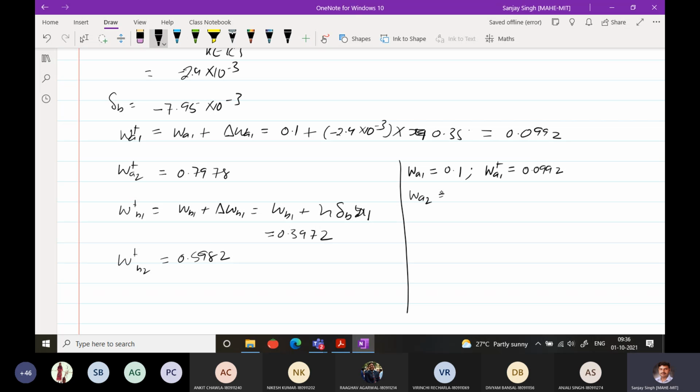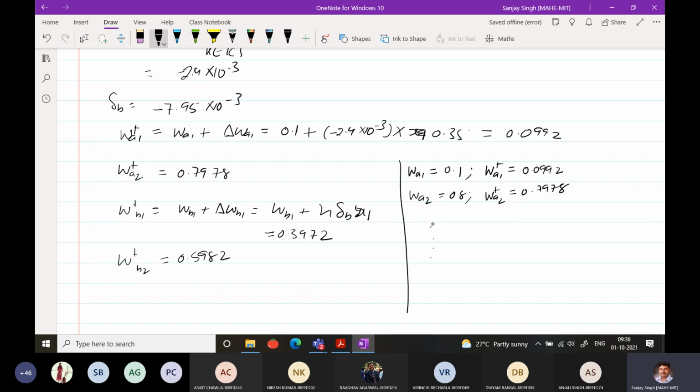WA2 was 0.8, and the updated weight WA2 plus is 0.7978, and likewise you do for the others, as listed.